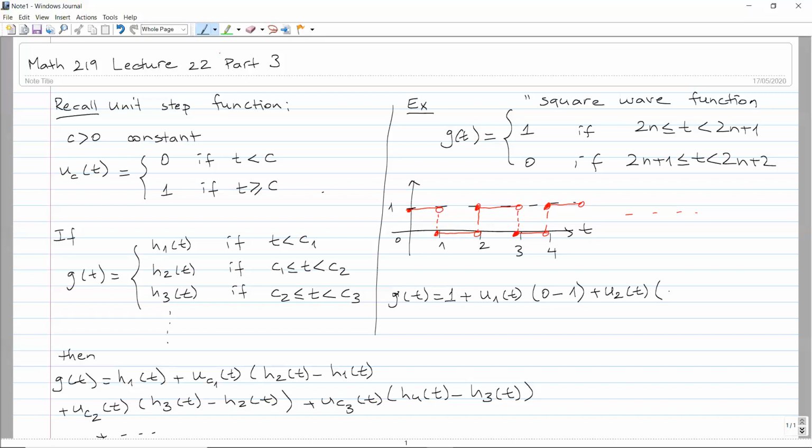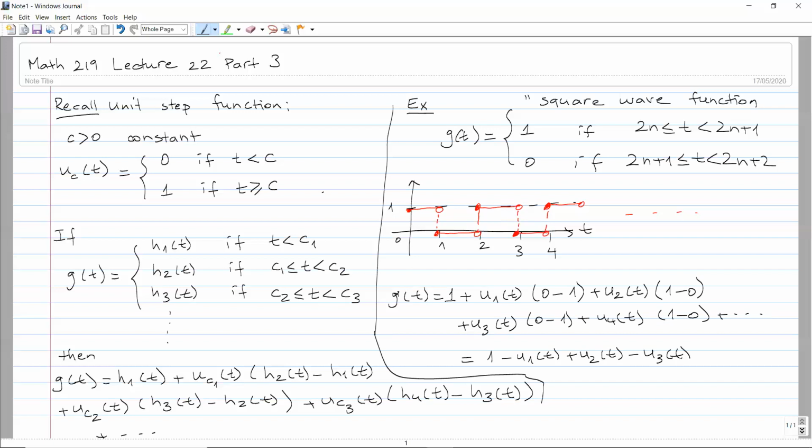From 2 to 3, the value is 1, minus from 1 to 2 the value is 0. Plus u3 times 0 minus 1, plus u4 times 1 minus 0, and so on. So our function g is 1 minus u1 plus u2 minus u3 plus u4, and so on. So it can be written as an infinite sum like this.